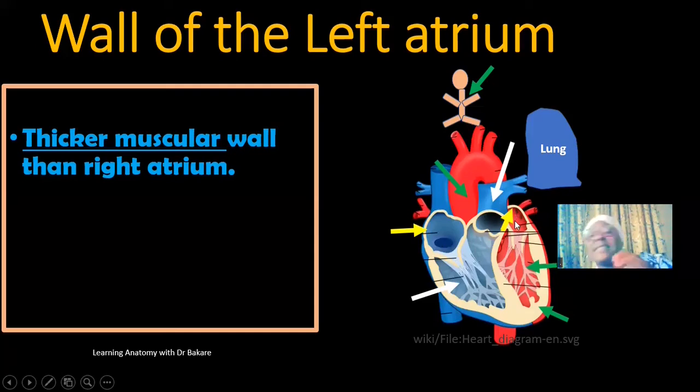So you see that the left atrium needs more energy to pump blood to the different regions of the body through the left ventricle. But the right atrium is just pumping into the lungs through the right ventricle. So the wall of the left atrium is thicker than what is presented on the right atrium.